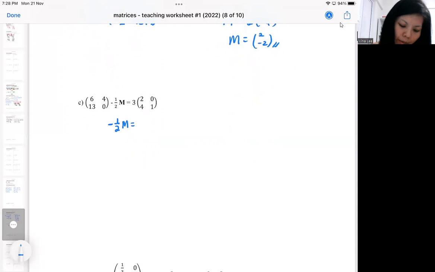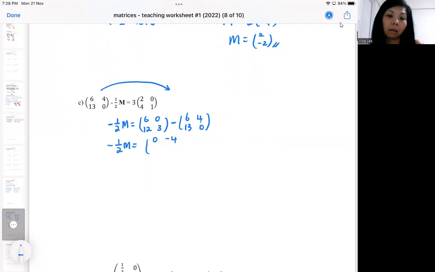Okay, here there's a multiplication here. So I'm going to do the multiplication. And I'm going to shift this matrix over at the same time. So I'm going to do the subtraction first before I multiply by minus 2.